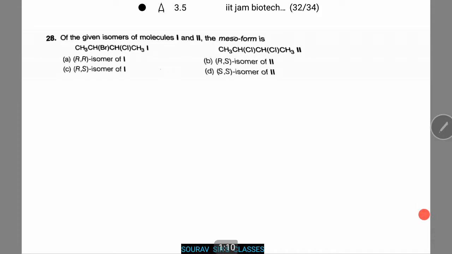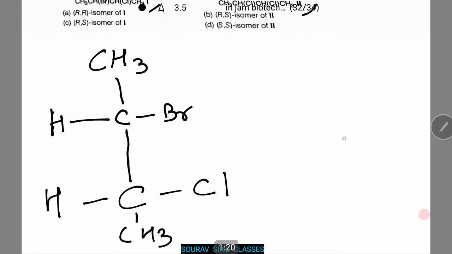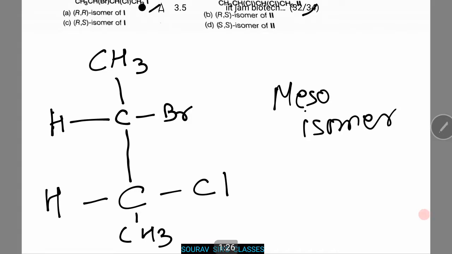Now we need to find the meso form of number 1 and number 2 molecules. Let's see what it comes to. For a molecule to be a meso isomer, there must be an asymmetric carbon atom as well as a plane of symmetry.